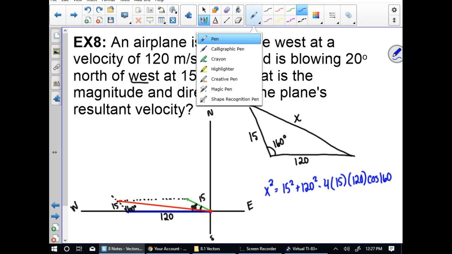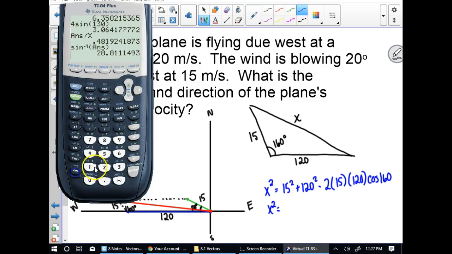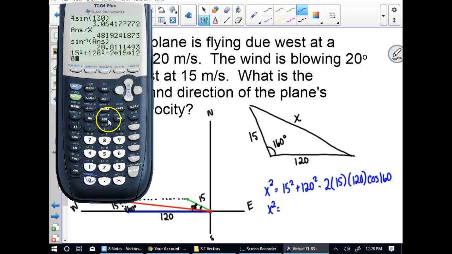I think I've been doing the quadratic formula with my Math 1 kids and things are getting mixed up. And so our x squared is 15 squared plus 120 squared minus 2 times 15 times 120 cosine 160.